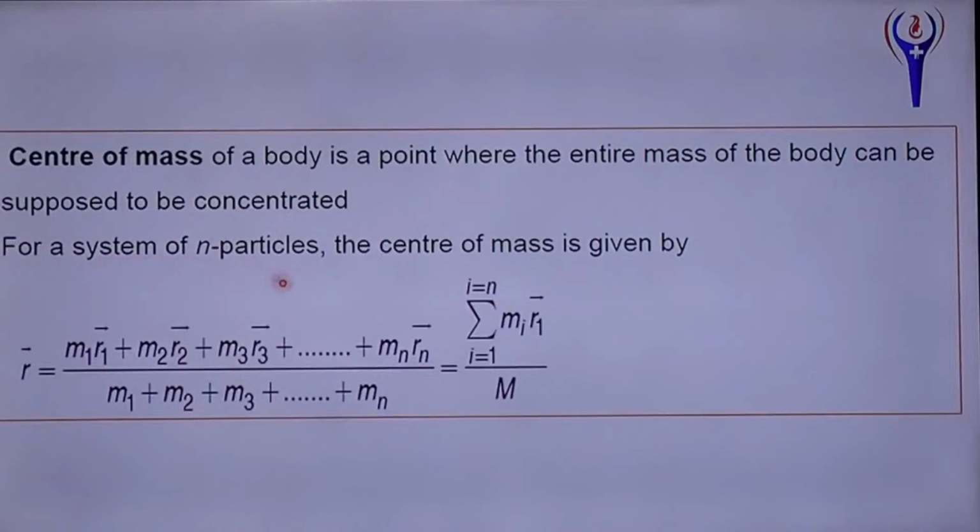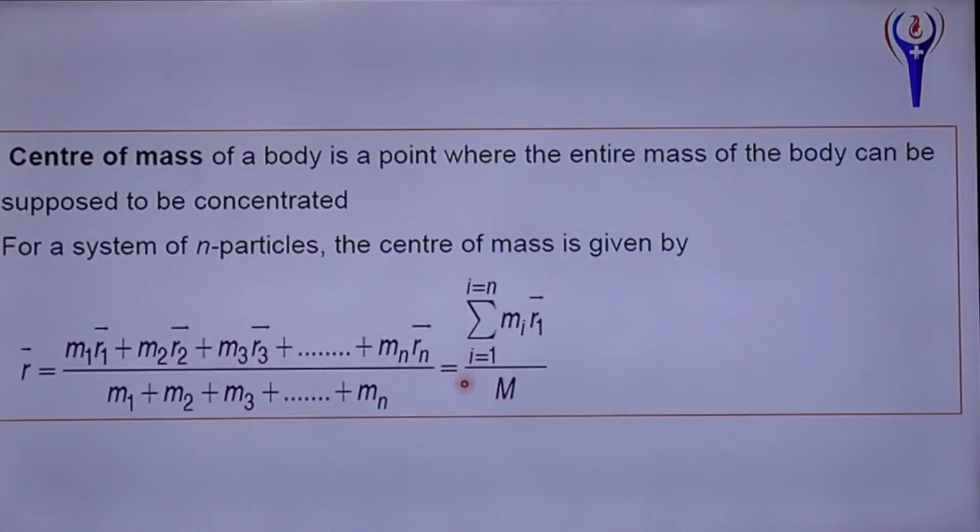For a system of n particles, the center of mass is given by R vector equal to M1 R1 plus M2 R2 plus M3 R3 up to Mn Rn, divided by M1 plus M2 plus M3 up to Mn.